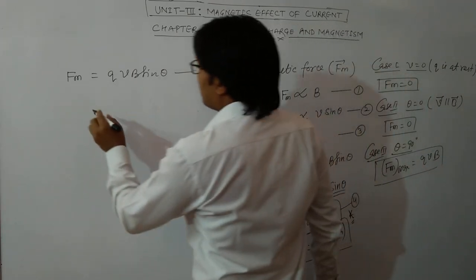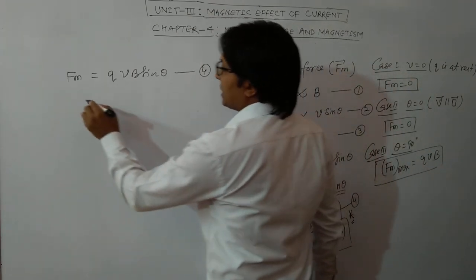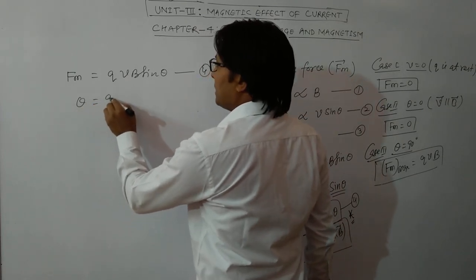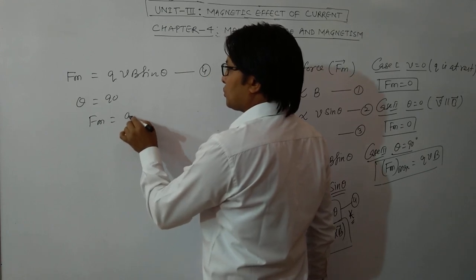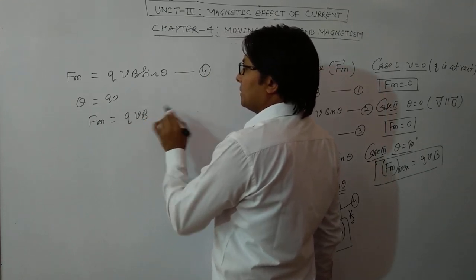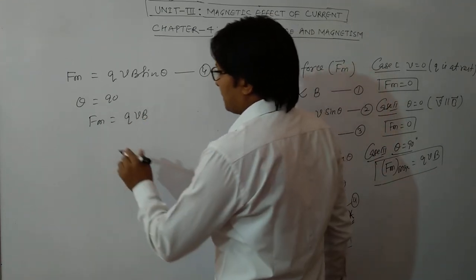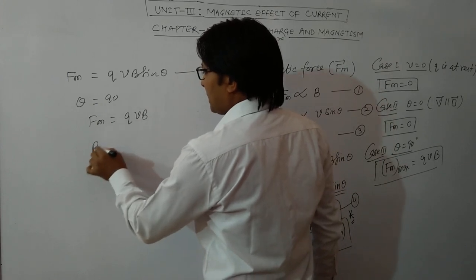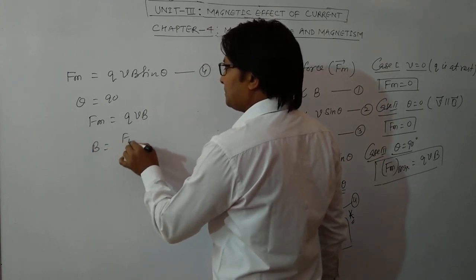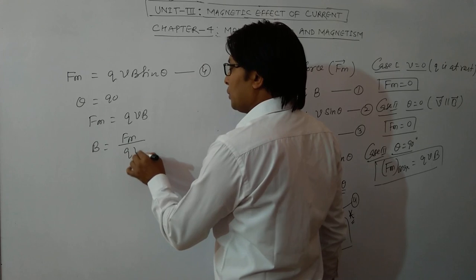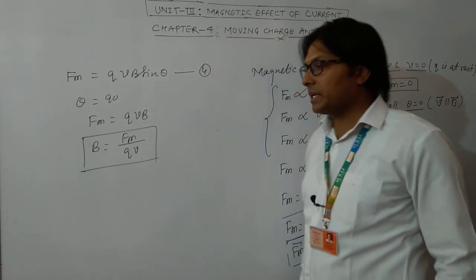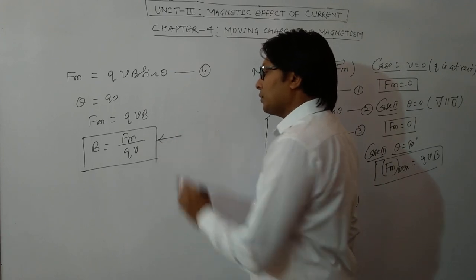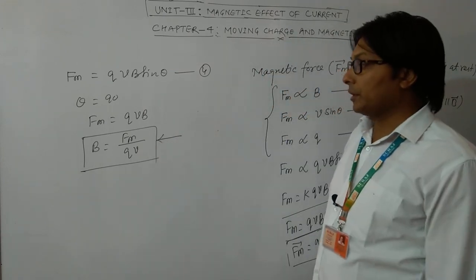Now if I take theta equal to 90 degrees here, then Fm becomes maximum, and it comes out to be QVB, since sine 90 is 1. From here B can be written as Fm divided by QV. So from here we can write the unit of this magnetic field.